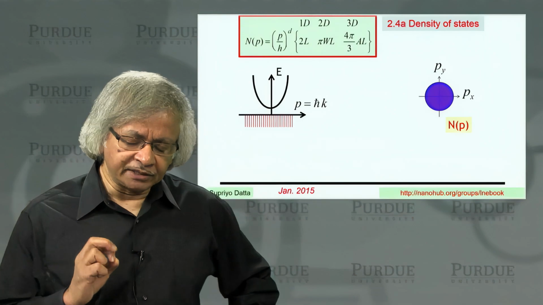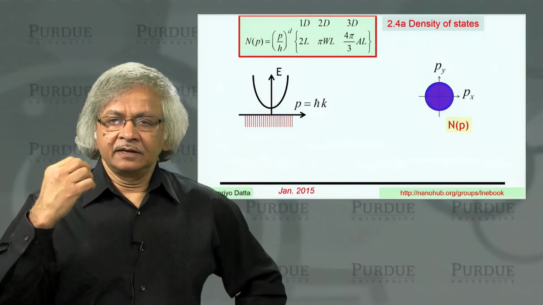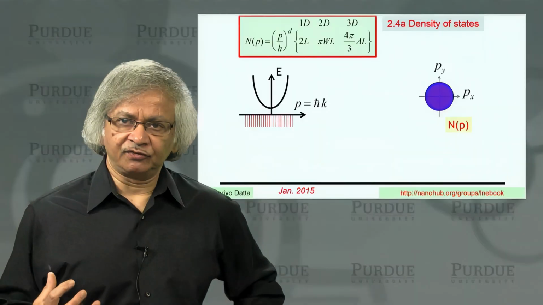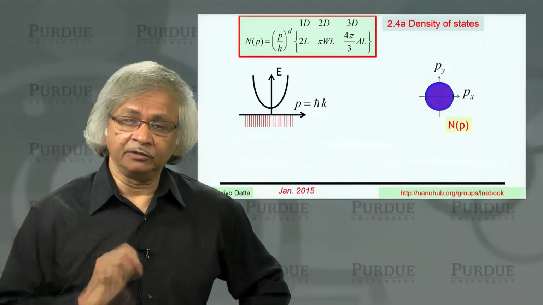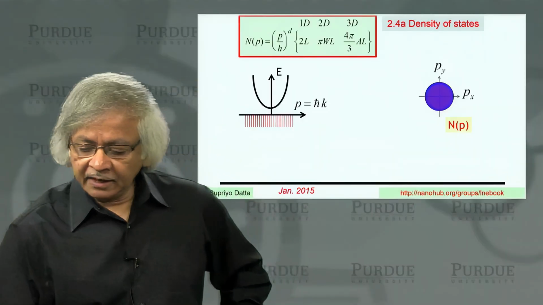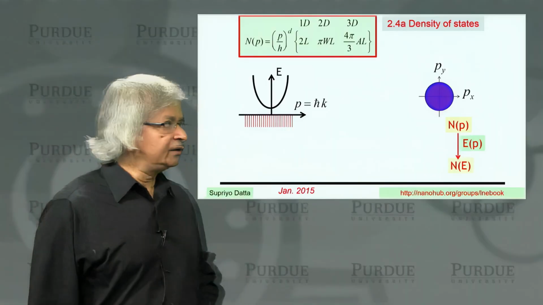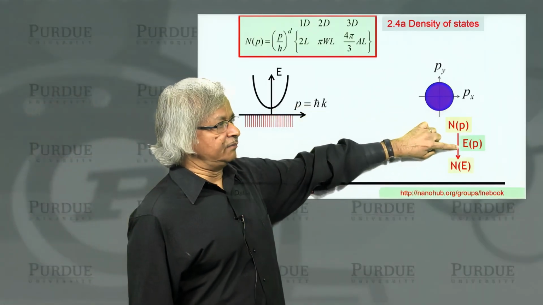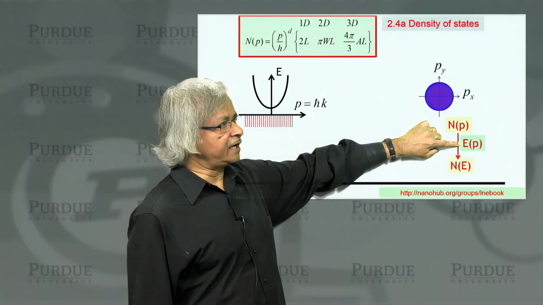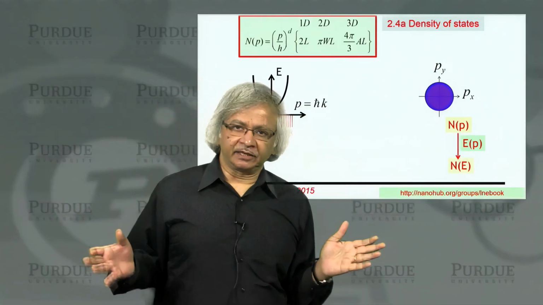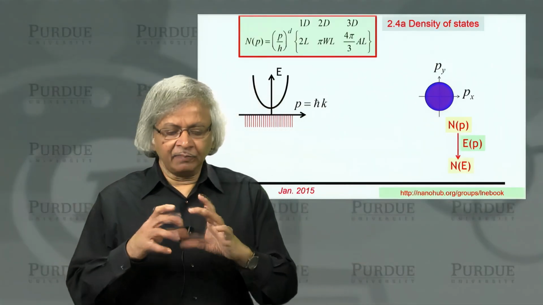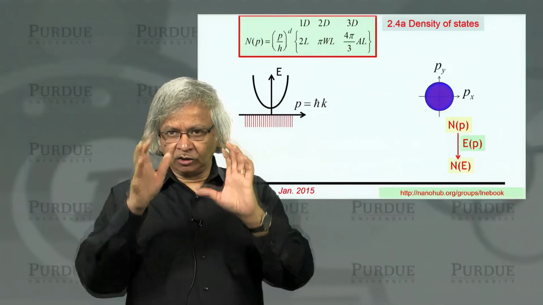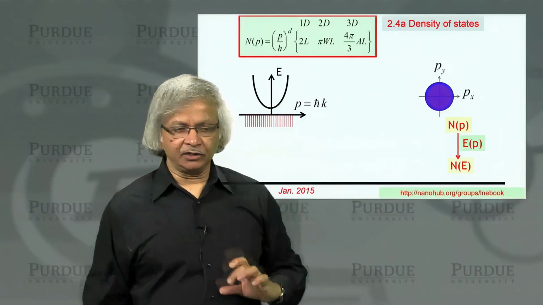What we want to do now, in this lecture, is take this function and deduce the density of states from it, which is the quantity we actually want. And as I had mentioned once before, the way you do that is you need an energy momentum relation. And here we are assuming isotropic energy momentum, which means energy is the same for momentum in all directions, only depends on the magnitude of the momentum.